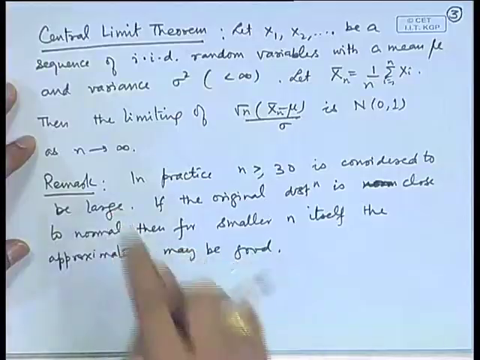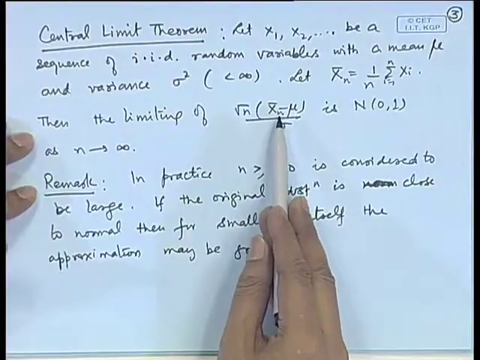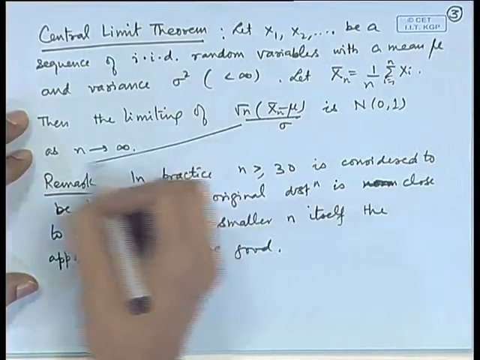One more point: earlier we have seen that the binomial distribution was approximated by the normal, or the Poisson distribution was approximated by the normal. That is actually a special case of the central limit theorem, because a binomial random variable is the sum of successes in individual trials. So if we are taking x 1, x 2, ..., x n, it becomes the distribution of the sample sum. Actually, you can write an equivalent form also.